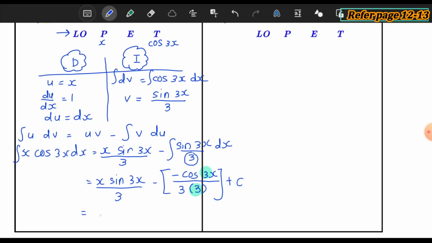Therefore, the final answer is x sine 3x over 3 plus cos 3x over 9 plus c.